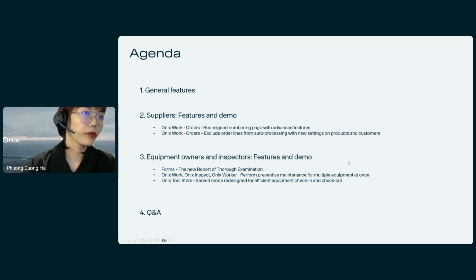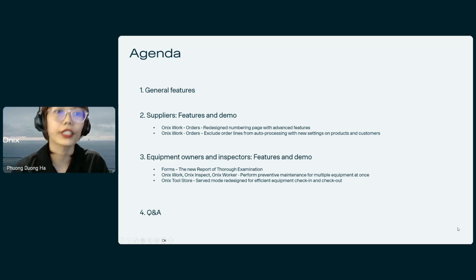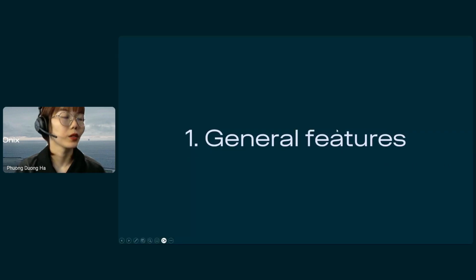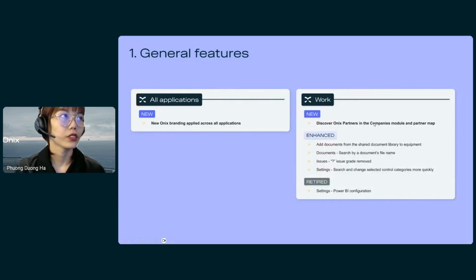Okay. So we will go into the new updates today. First thing, it will be the general features. These are all the general features, all listed in two main areas.